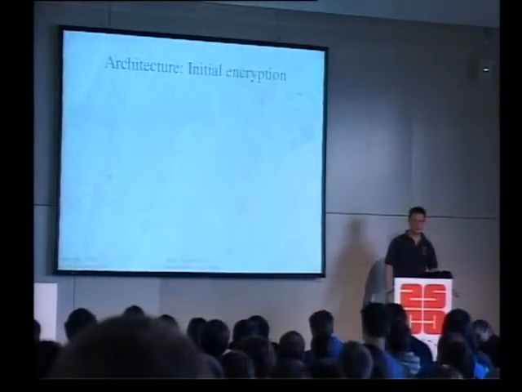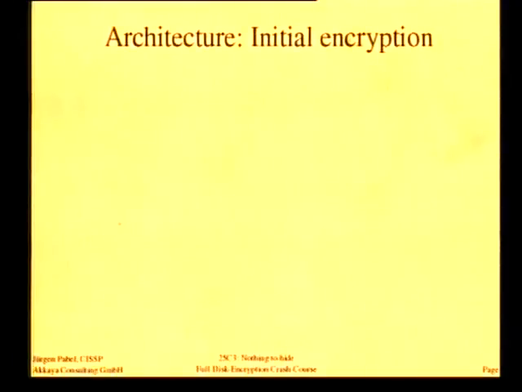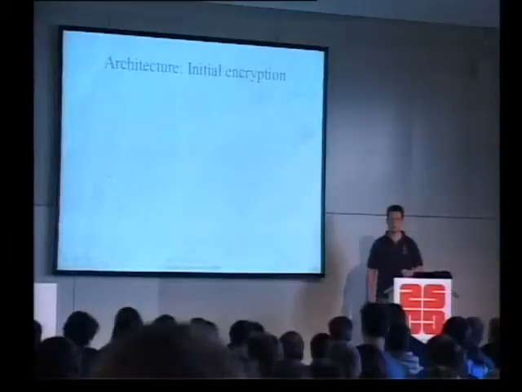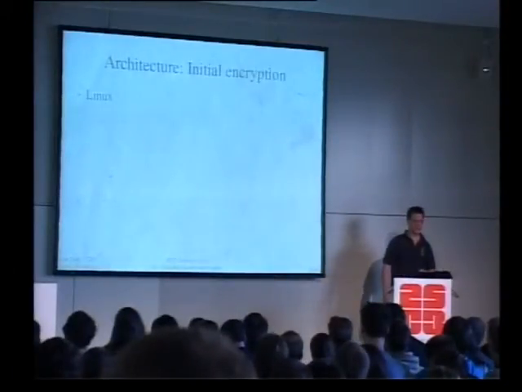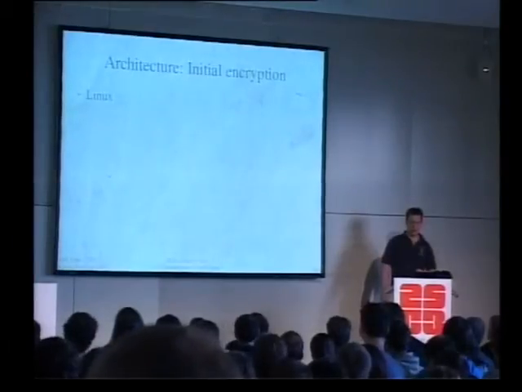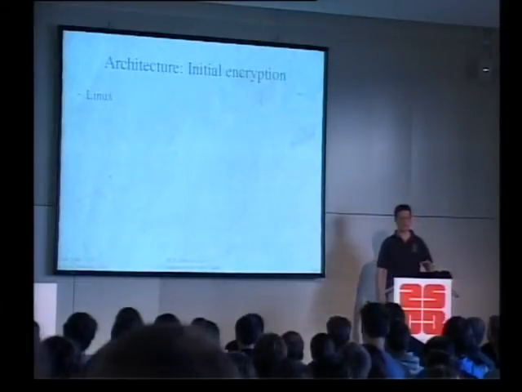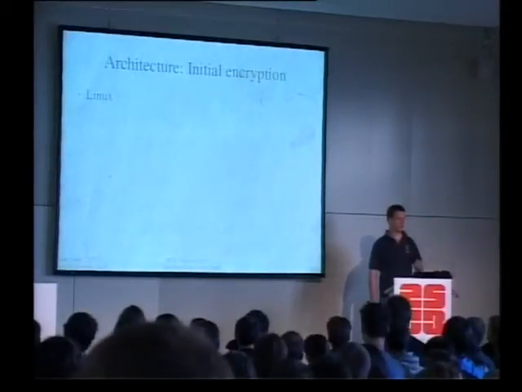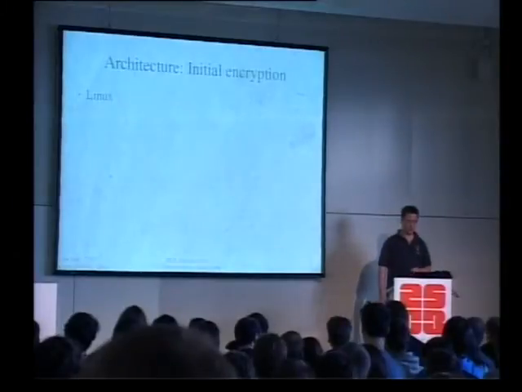When you're talking about disk encryption, you either consider this when you set up the system, so during installation it's encrypted, or you want to add it later on. So there's the aspect of initial encryption. How do you transfer your disk from being unencrypted to being encrypted? On Linux, you have the device mapper, and one drawback is that you cannot yet convert an existing file system in place into an encrypted file system.